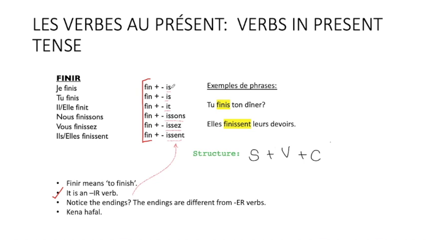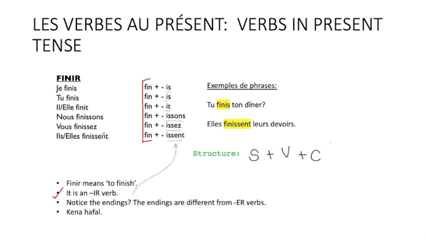So you have the ending IS, IS, IT, ISSONS, ISSEZ, and ISSENT. So how do you pronounce this? Je finis, tu finis, il, elle finit, nous finissons, vous finissez, ils, elles finissent. Okay?